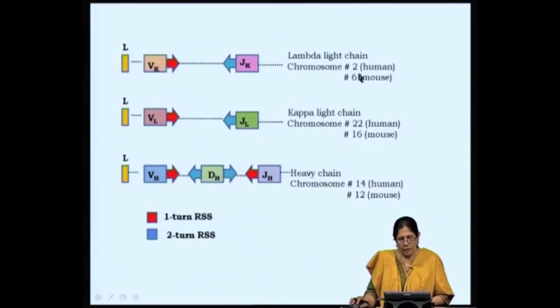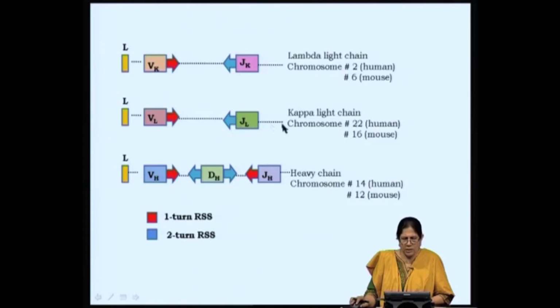Lambda and kappa light chain genes are present on different chromosomes. Chromosome 2 in human, 6 in mouse has the kappa light chain, the lambda light chain is present on chromosome 22 in human, 16 in mouse, and the heavy chain gene is present on chromosome 14 in human and 12 in mouse.